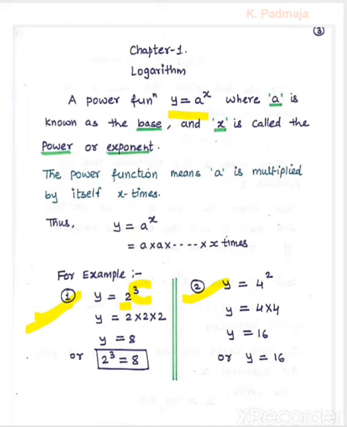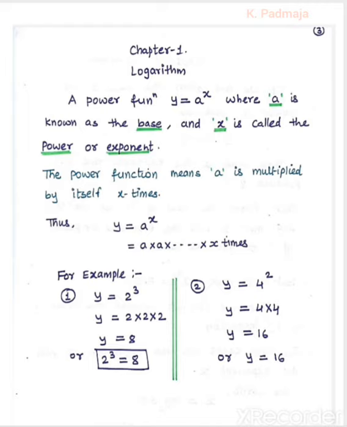So this 4 is known as base and this 2 is known as exponent or power. So 4 into 4 will give us 16, that is the answer is 16. In this way we can calculate the powers of any base: 4 raised to 2, 4 raised to 3, 4 raised to 4.